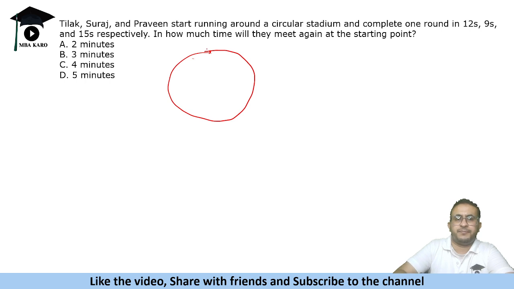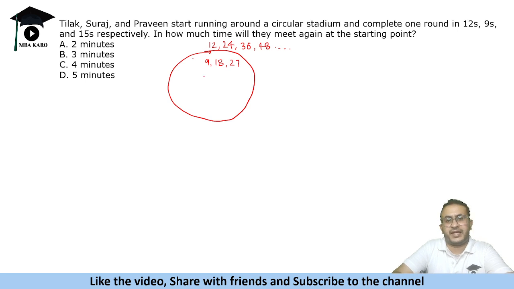So Tilak completes in 12 seconds. So next he will complete in 24 seconds. Next he will complete in 36 seconds, 48 seconds and so on. Now this person completes in 9, 18, 27. So what we are calculating? We are calculating the multiples.